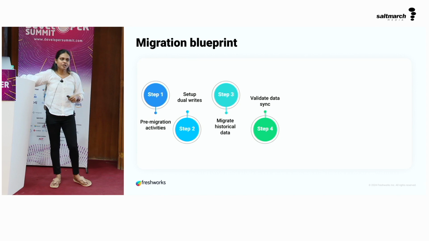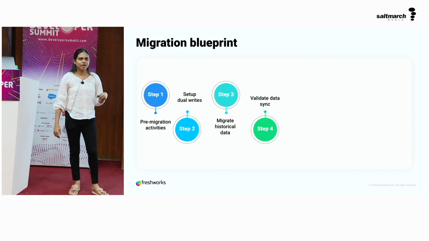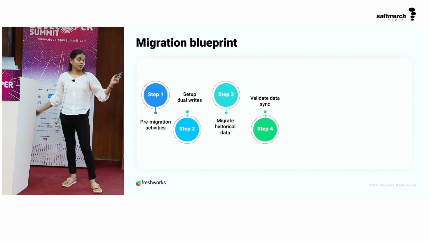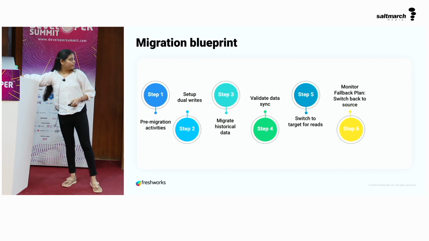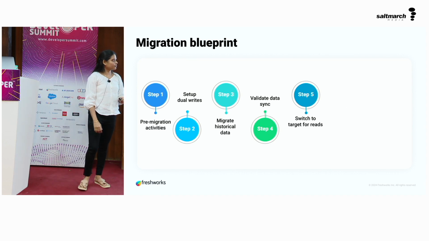And then the validation phase, where we may choose to run multiple iterative rounds of validation until we are confident that the two databases are in sync. And once we have that confidence, we then proceed into the final important step of switching to target for reads.